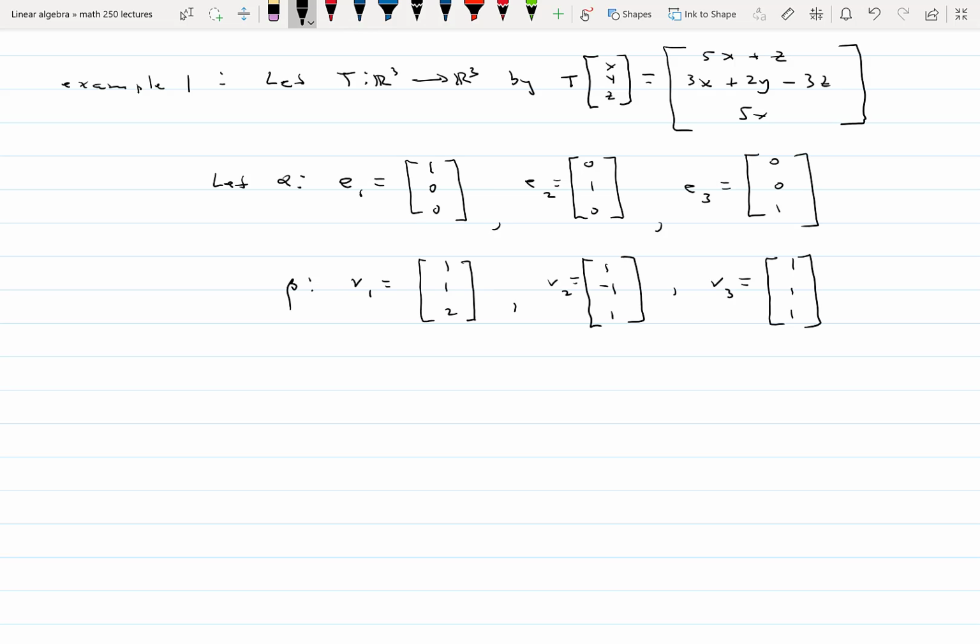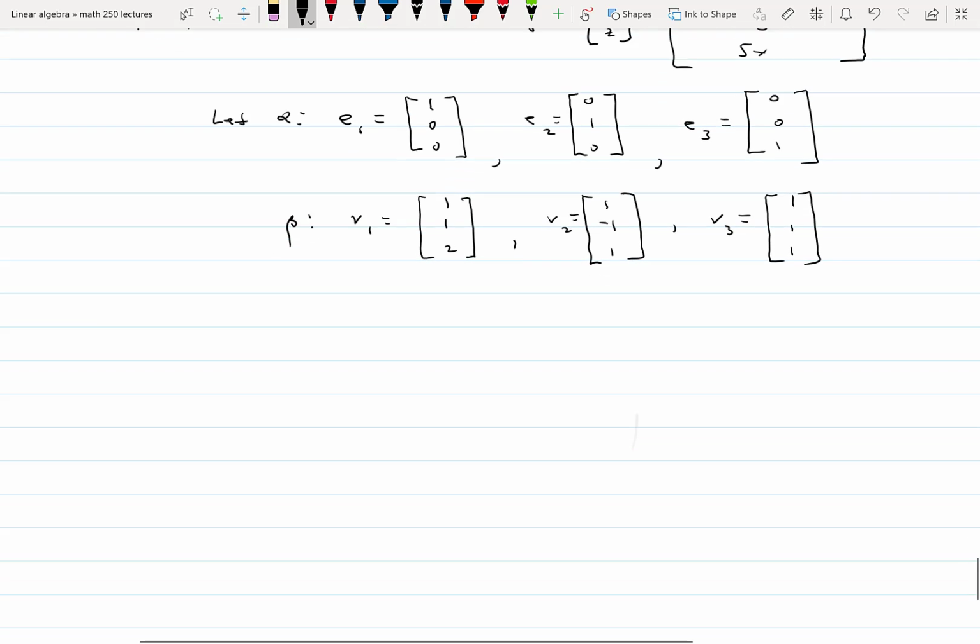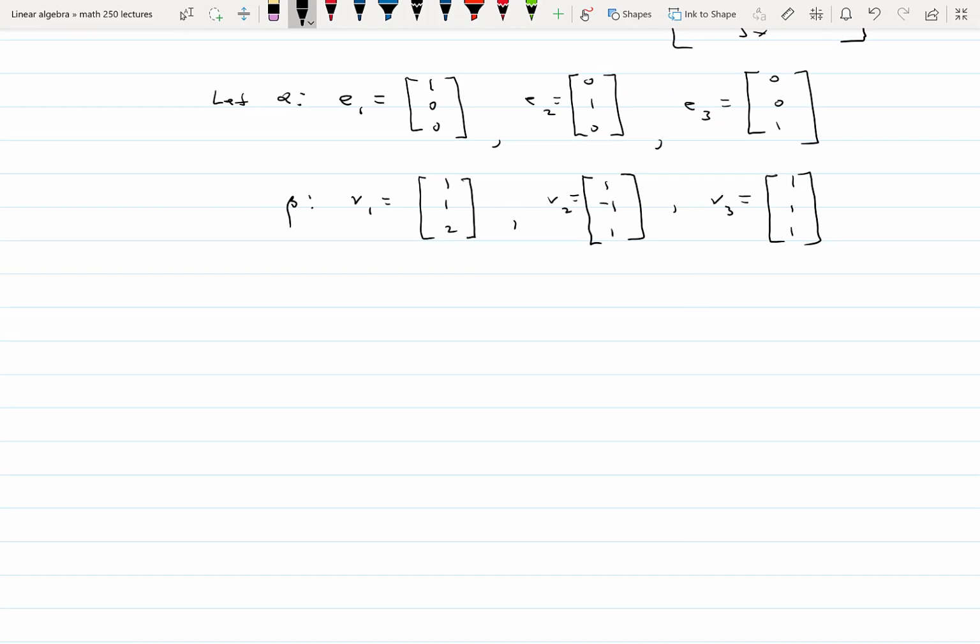Okay. All right, so I want to find some stuff. So first, part A, find the matrix of T with respect to alpha. Okay, and that's nothing more than, yeah, my bracket looks really ugly there.